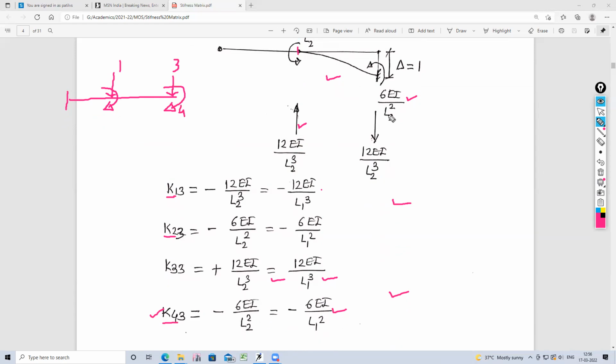So therefore the moment produced will be opposite to the assigned coordinate. So it is minus 6 EI upon L2 square, and substitute L2 equal to L1. So it is equal to minus 6 EI upon L1 square. Okay, so these are the elements lying in the third column.